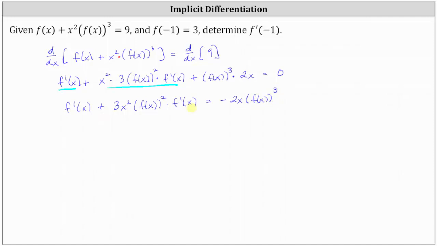Next, we factor out f prime of x on the left, which gives us f prime of x times the quantity 1 plus 3x squared times the square of f of x equals negative 2x times the cube of f of x. And now to solve for f prime of x, we divide both sides of the equation by the quantity 1 plus 3x squared times the square of f of x.